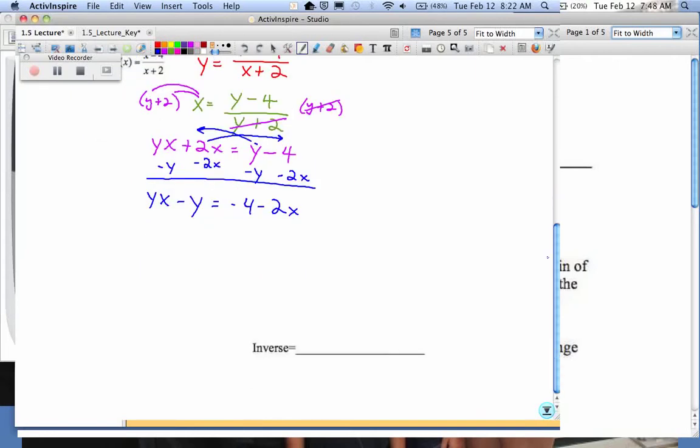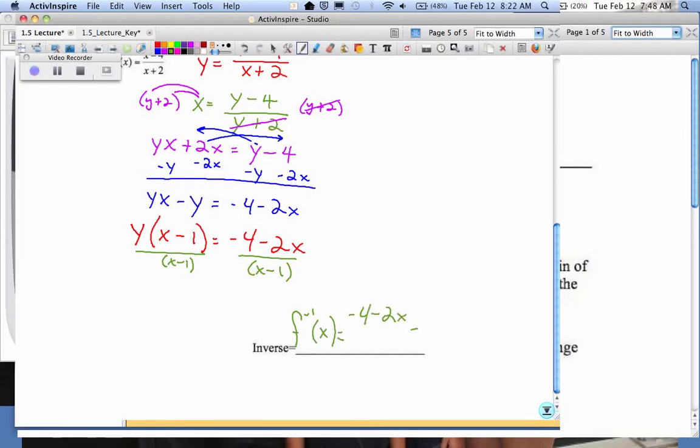I'm doing that because now I can factor a y out. Now what would you do? Get rid of the x minus 1 by dividing by x minus 1 on both sides. And so my inverse function is negative 4 minus 2x all over x minus 1.